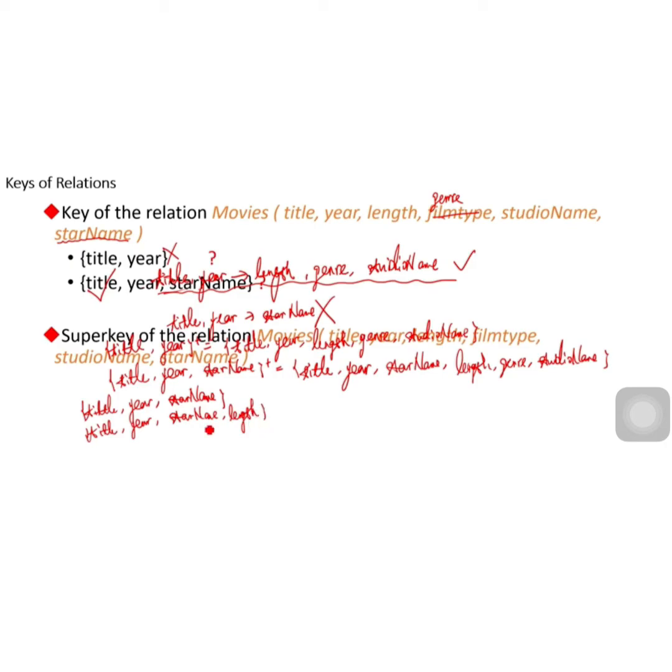And genre, or and we can add studio name here, and add length, genre, and so on, and so on. These are super keys of the relation Movies. They are all supersets of the key title, year, star name.